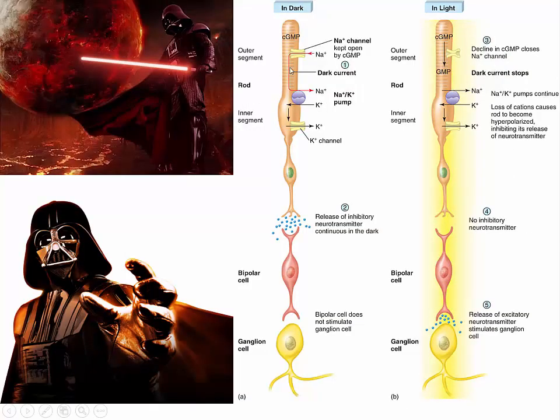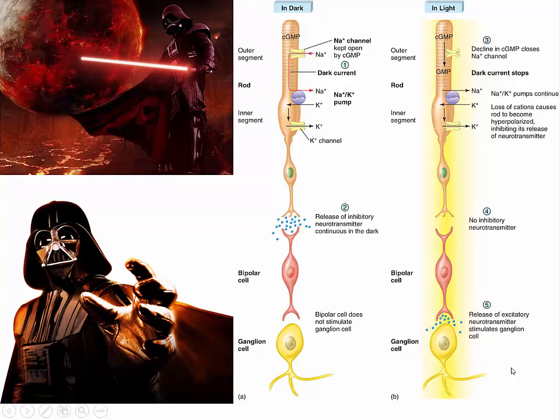So shown here are the photoreceptors in the dark, which release these inhibitory neurotransmitters that stop the bipolar cells from activating the ganglion cells, which send a neural impulse to the brain via the optic nerve. When light comes in, we're going to see that these rods or cones stop releasing inhibitory factors. And without the inhibitory factors, the bipolar cells can then stimulate the ganglion cells to send an action potential to the brain to indicate what you're seeing.